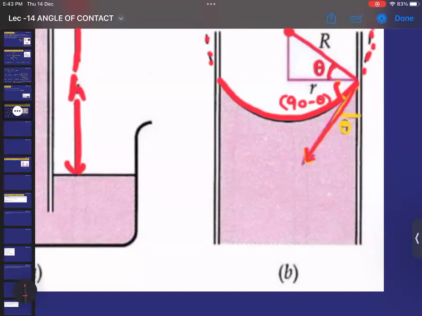Now I'll say the radius of the capillary tube is small r and the radius of the meniscus is capital R. Now tell me, what is the relation between capital R and small r?